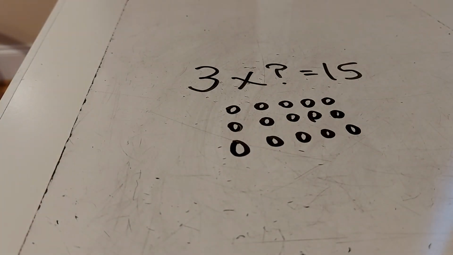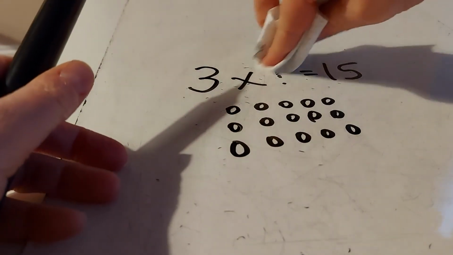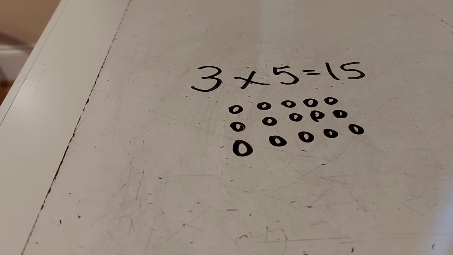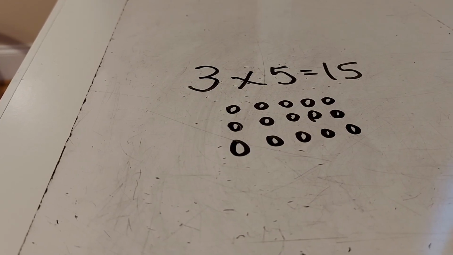So we've now worked out that instead of the question mark being there, the actual answer is 5. Okay? So your task today is to complete the spicy, spicier, or spiciest work. Okay? And again, you can decide on whether or not you want to use arrays to help you calculate the answers. Good luck.